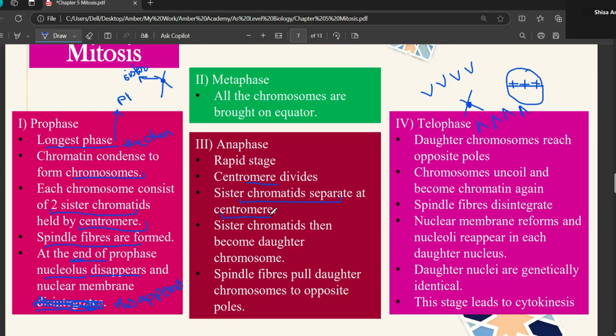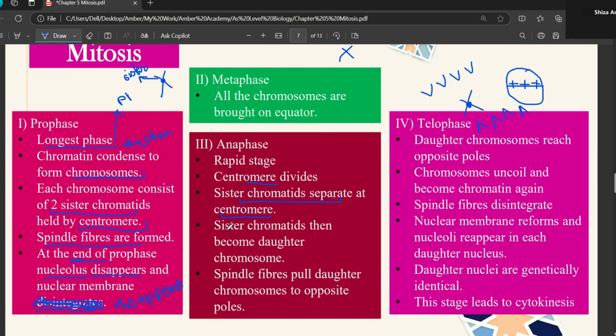What were sister chromatids? When two chromatids join at the centromere side, we say that these are sister chromatids that have formed your condensed chromosome. Okay? So now I'm saying that sister chromatids have separated from the site of centromere.